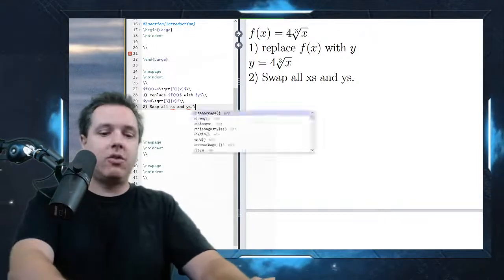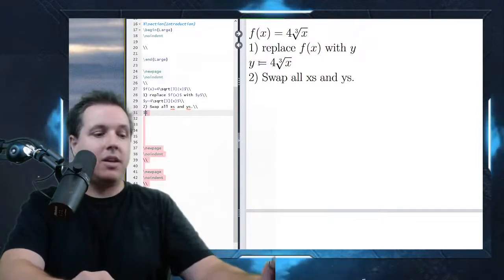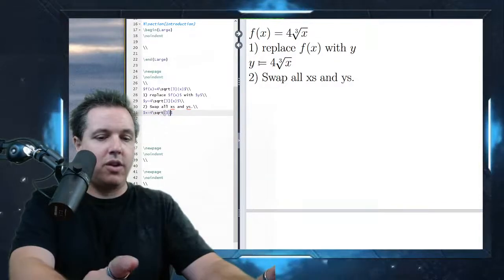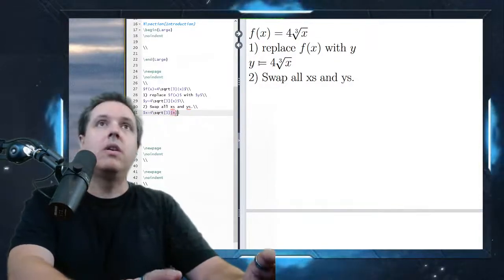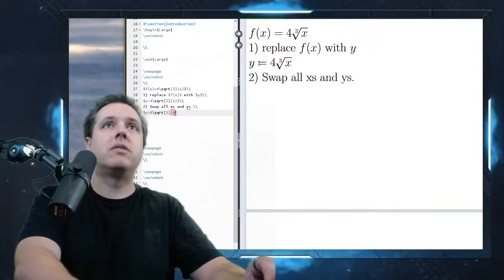Okay, so that becomes, so another super easy step becomes x equals 4 times the cube root of x, is what I meant to say. This is not right.